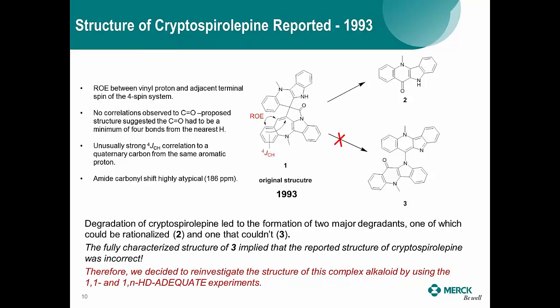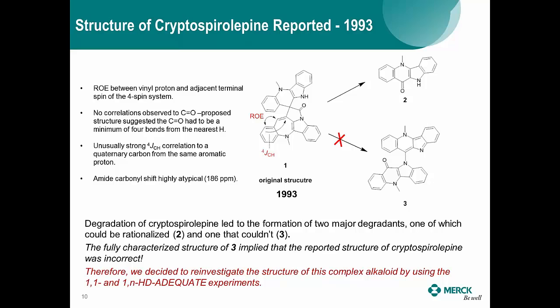So these are compound 2 and compound 3. And the thing is that compound 2 could be easily rationalized from the original reported structure, but compound 3 couldn't be rationalized at all. So that meant that the original reported structure was somehow misassigned and incorrect.